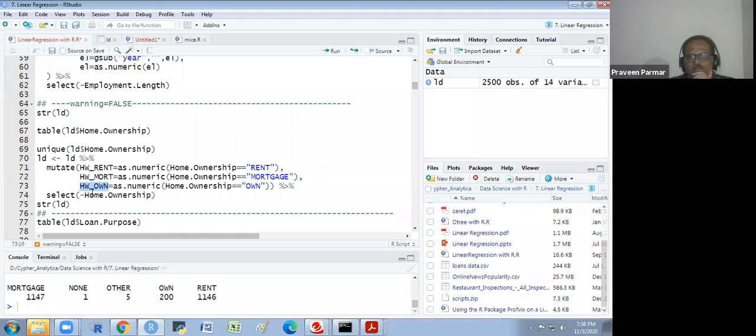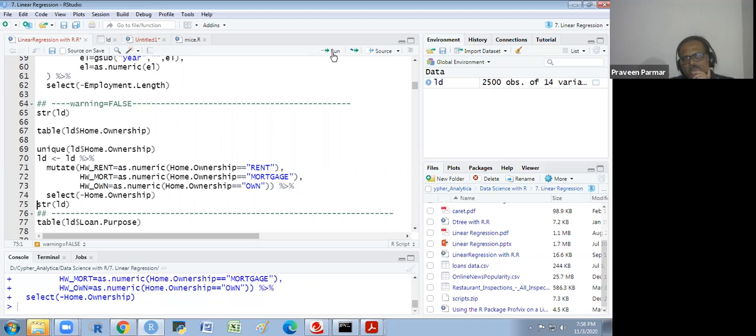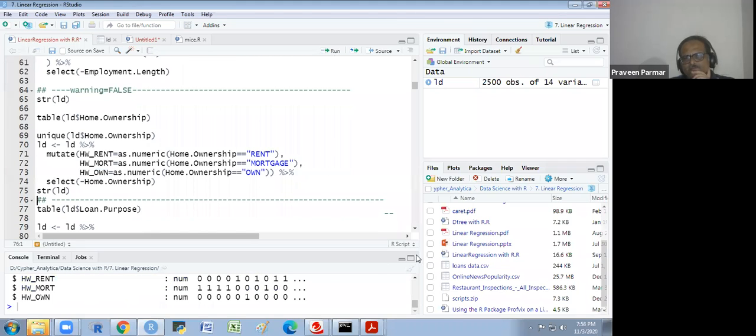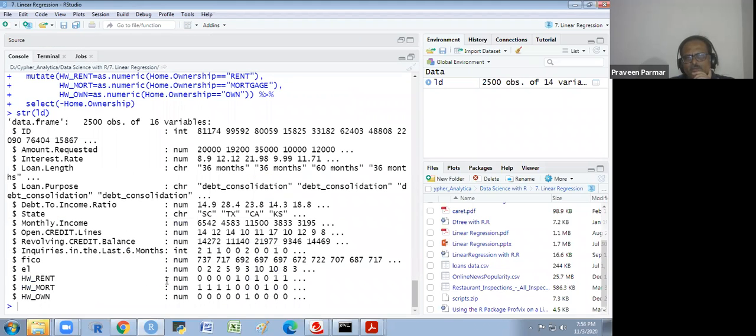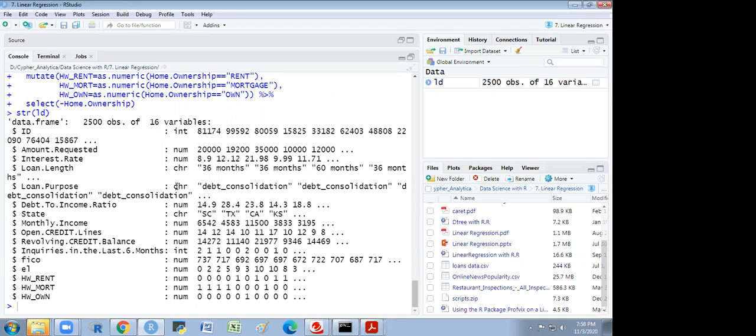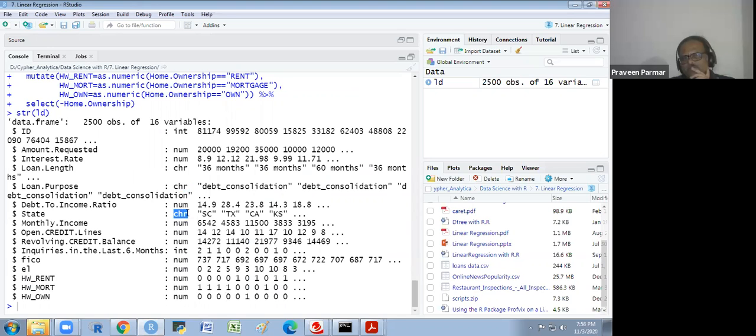And I am removing the original home ownership. I run this. I will show you, you see it is in 0 and 1. Got it? Yes, sir. Now we have this column, this column, this column is a character. Only 3 columns remain.